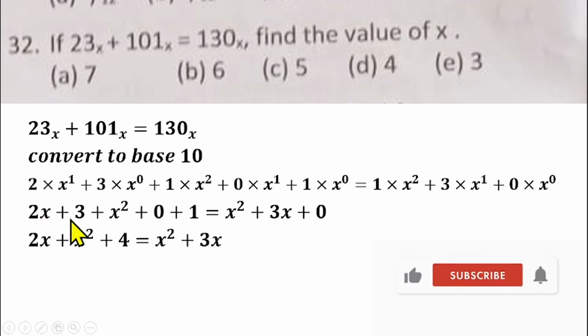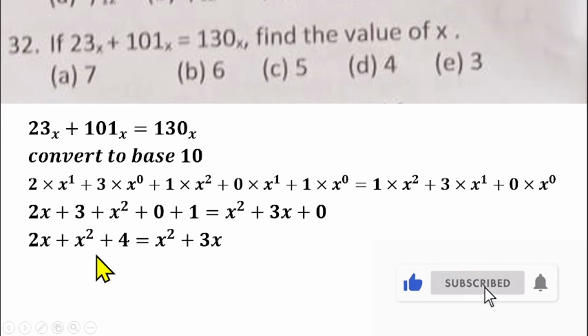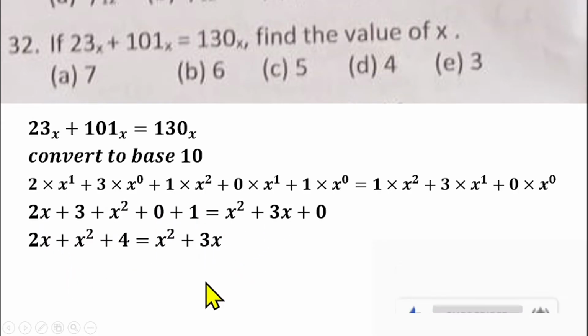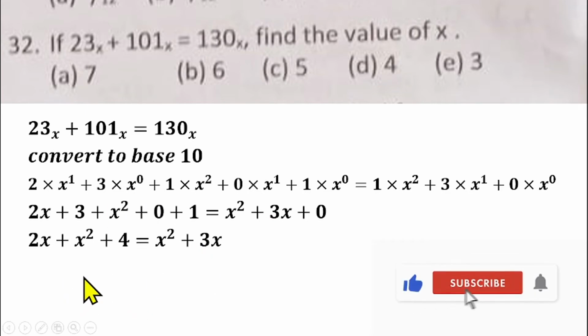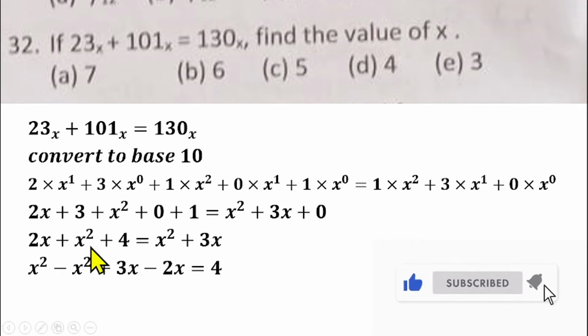you have 2s, then we have in s squared, then 3 plus 1 is 4, equals s squared plus 3x. So if you collect like terms, s squared minus s squared, that means everything here is coming to this side.